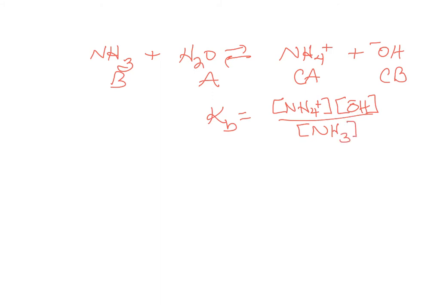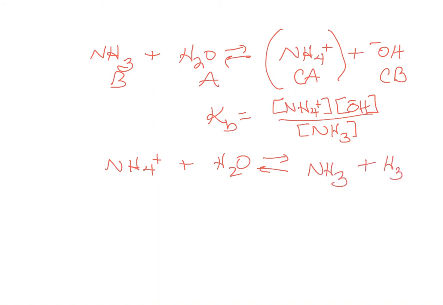All right, so now let's look at the Ka expression for the conjugate acid formed here. So of course an acid is something that donates a hydrogen ion. I want you to notice it's not exactly the reverse of the top reaction, okay, because Kb is not reacting an acid with hydroxide, it's reacting an acid with water.